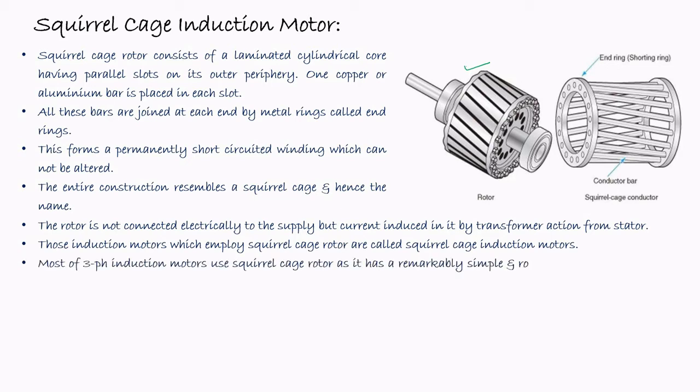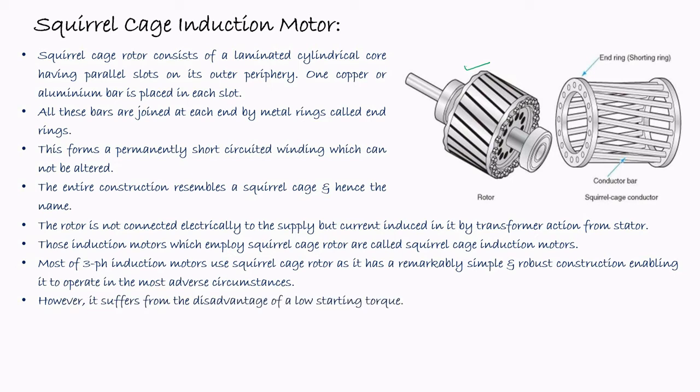Normally, most of the three-phase induction motors used in industries are of squirrel cage type because it is very simple in construction and it is robust, so it enables it to operate in most adverse circumstances. So all over the world, the induction motor which is preferred mostly is the squirrel cage induction motor.